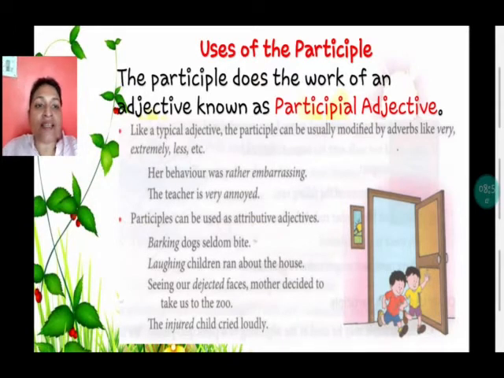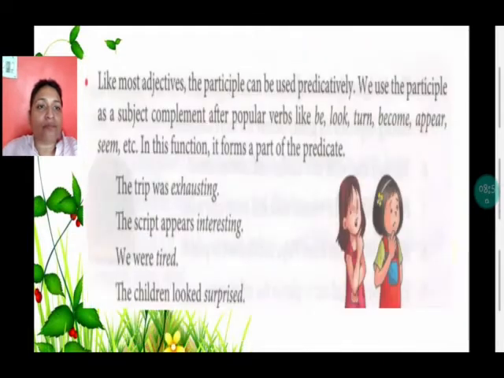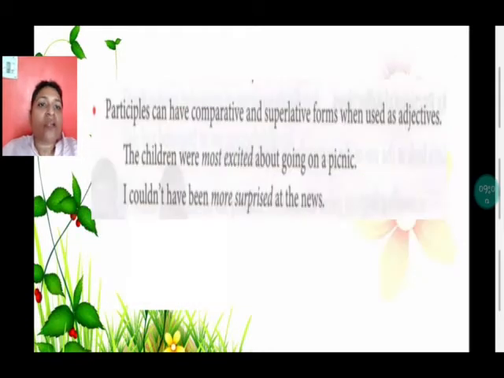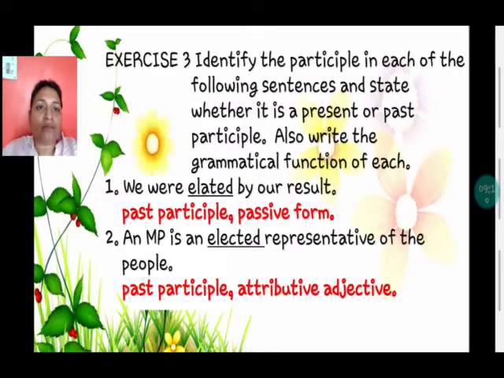Barking dogs seldom bite. Like most adjectives, the participle can be used predicatively also, towards the end. The trip was exhausting. Participles can have comparative and superlative forms also. The children were most excited after going on a picnic.